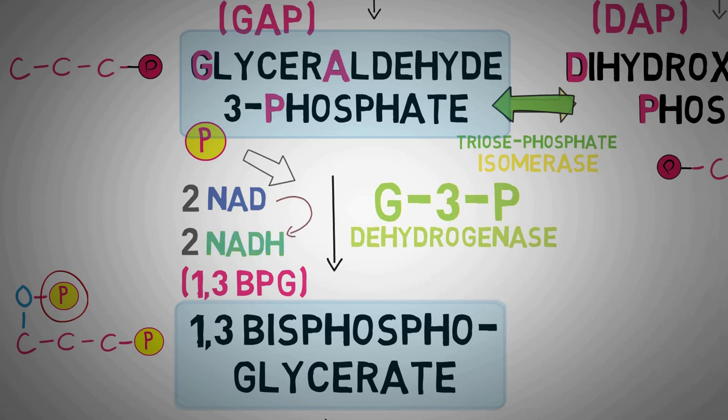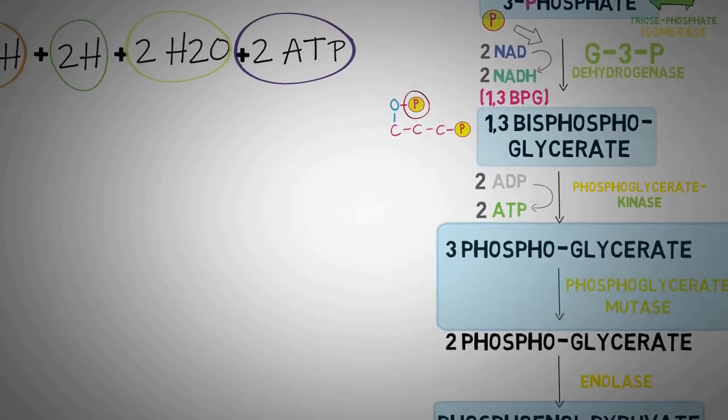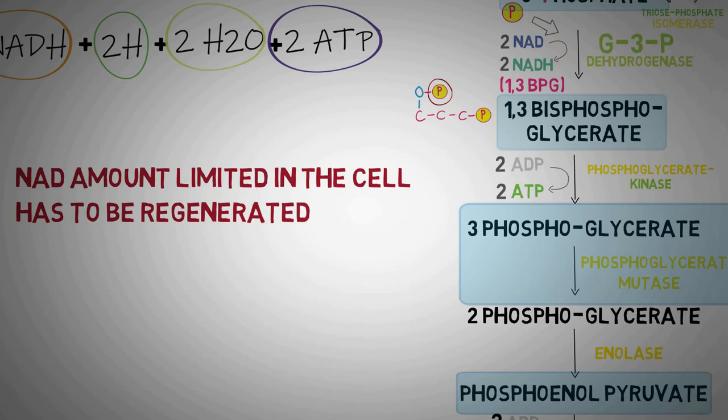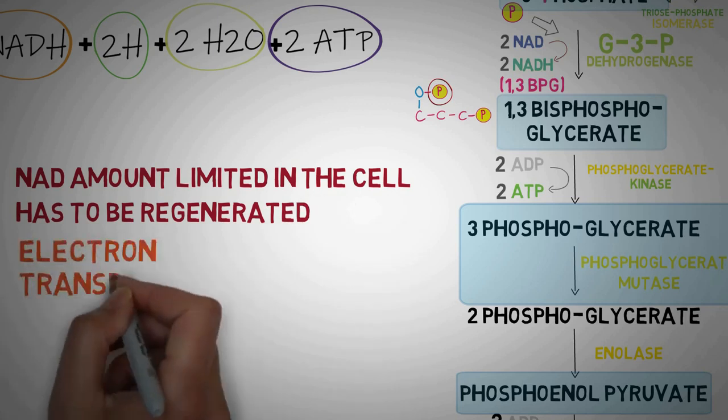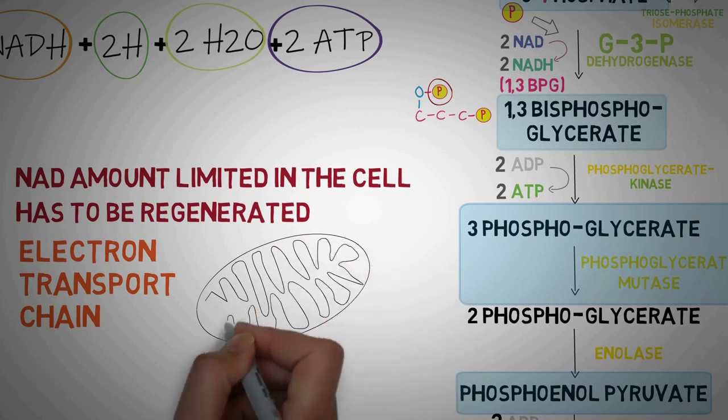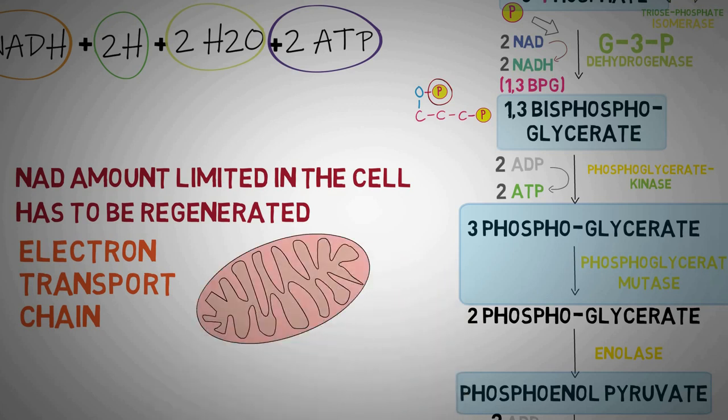But the thing is that there is only a limited amount of NAD in the cell, so NADH has to be reconverted to NAD again. And this takes place in the electron transport chain present in the mitochondria of the cells. And this is exactly where oxygen plays a very important role. Electron transport chain keeps a supply of NAD in order and also produces 2.5 new ATPs in this reaction.